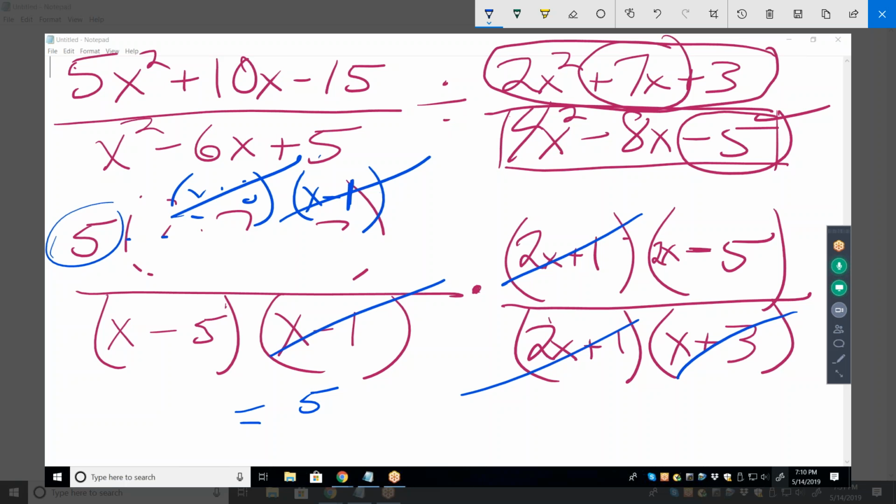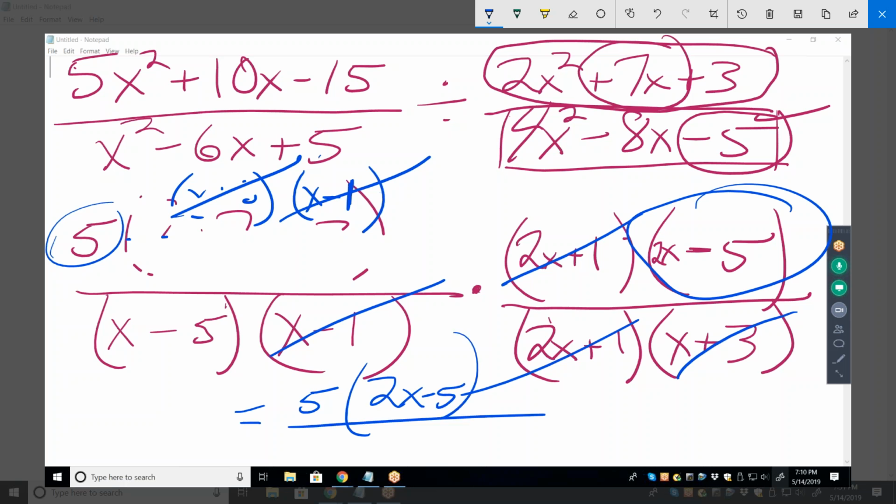So what I'm left with is 5 in the numerator, and I still have that numerator, so 5 times 2x minus 5. And what am I left with in the bottom? That's been canceled, that's been canceled, that's been canceled. That's the answer.